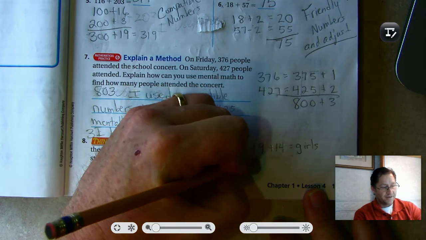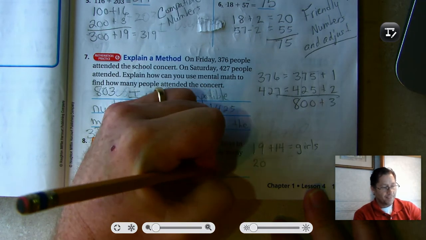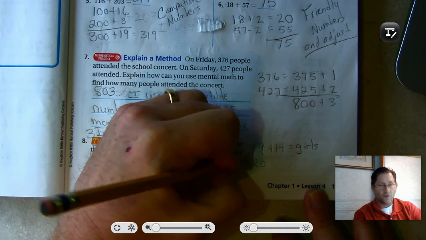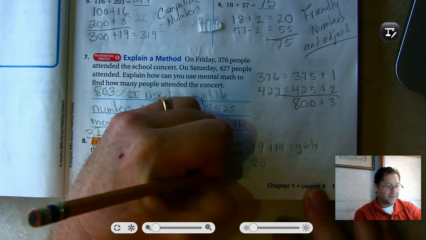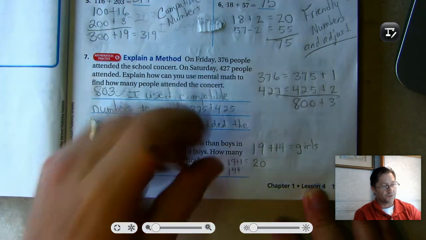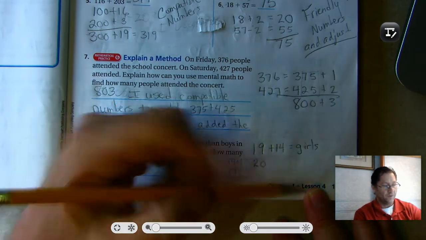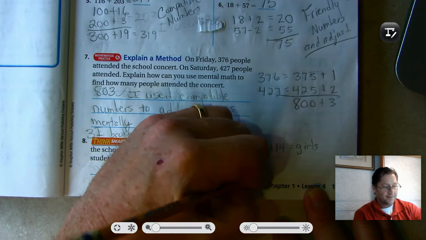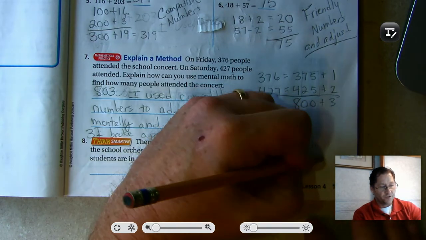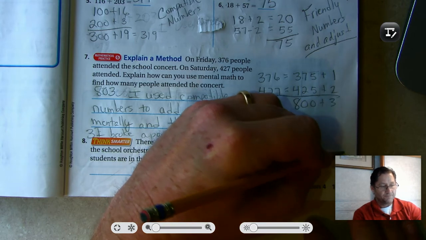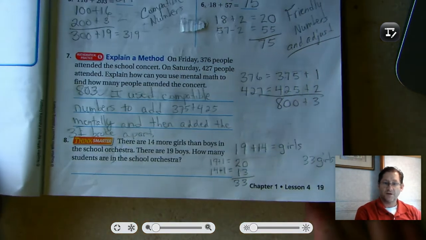So I'm going to use friendly numbers here. I'm going to go 19 plus 1 is 20. And since I added 1 to 19, I'm going to subtract 1 from 14. So that gives me 33. So there are 33 girls in the school orchestra.